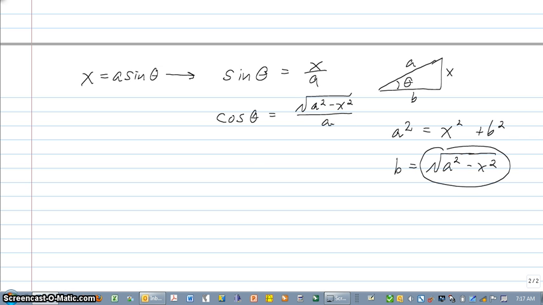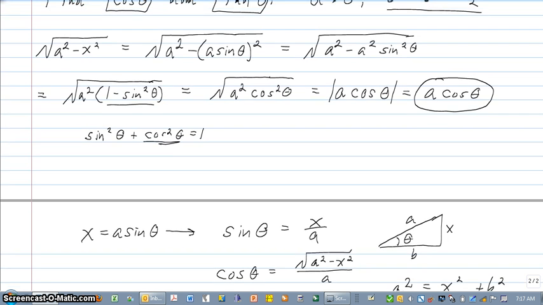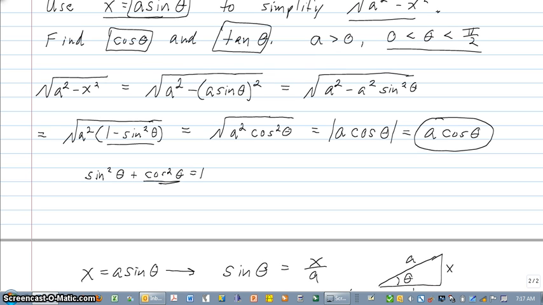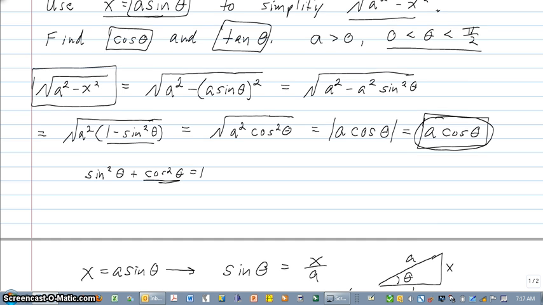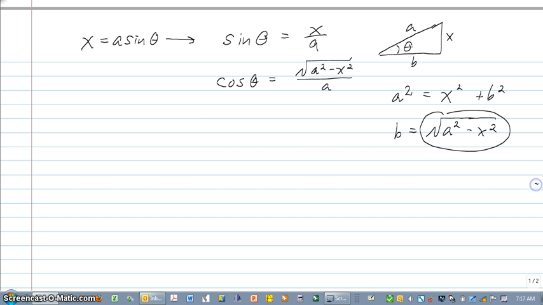And we could see that from our work, I think. I had this equivalency up here. That's equal to a cosine theta, so if I solve that for cosine of theta, I would get the same thing. And also I can get the tangent now.